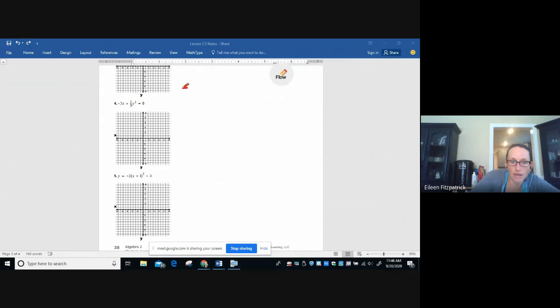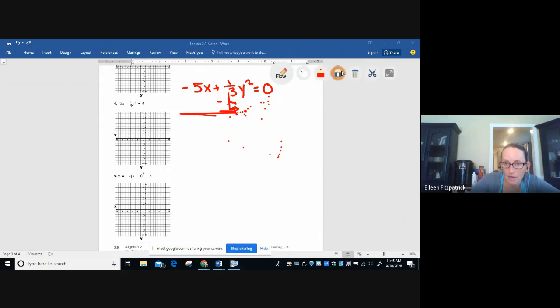Okay, so I have negative 5x plus 1/3 y squared equals 0. Isolating the x, I'm going to subtract 1/3 y squared from both sides. (The software is glitching, and it's very frustrating.